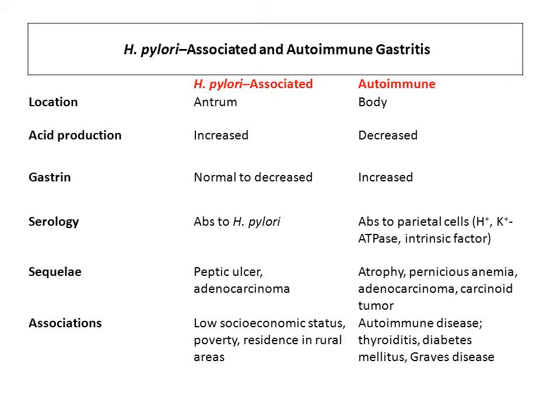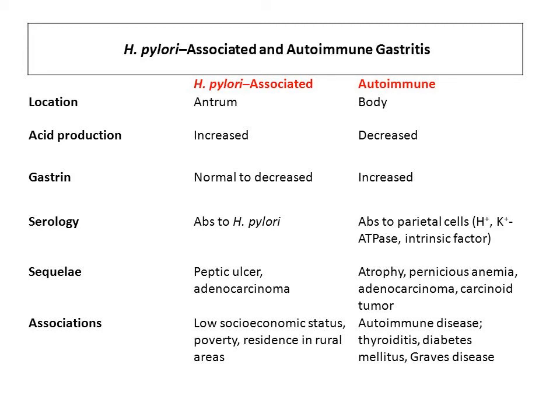Patient can develop peptic ulcer and adenocarcinoma, while in case of autoimmune gastritis, along with adenocarcinoma, there may occur atrophy of the oxyntic mucosa. The patient may develop pernicious anemia. H. pylori is associated with low socioeconomic status and poverty, while autoimmune gastritis is associated with various other autoimmune conditions, for example, thyroiditis, Graves' disease, diabetes mellitus.